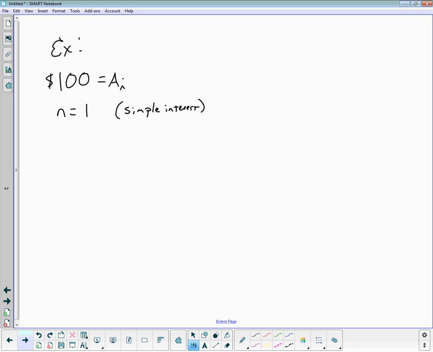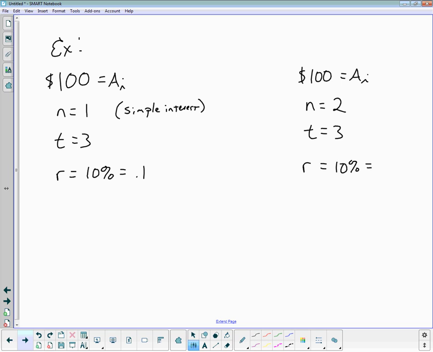And we're going to do it for, say, 3 years. Then we're going to use the same math, but now I'm going to compound twice a year. Oh, and it's a 10% rate.